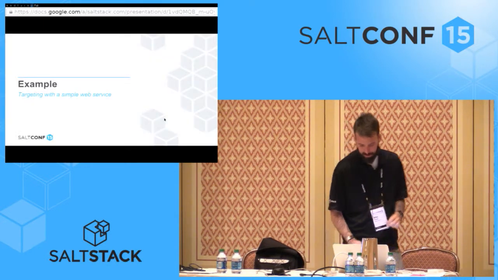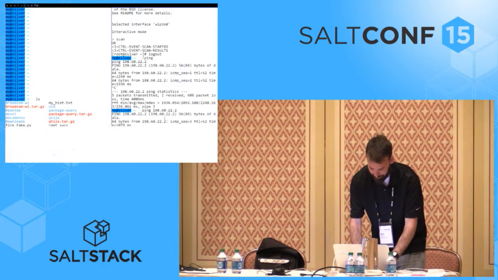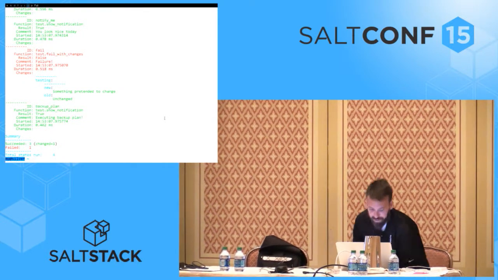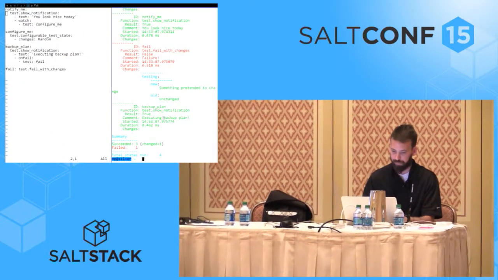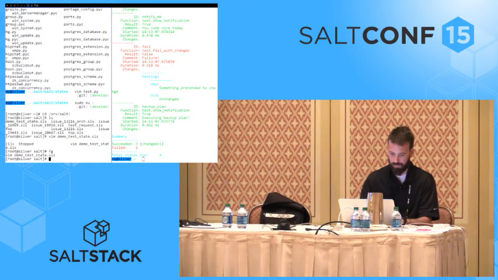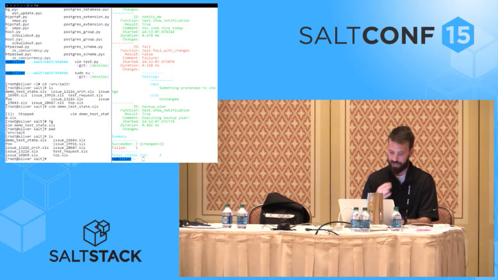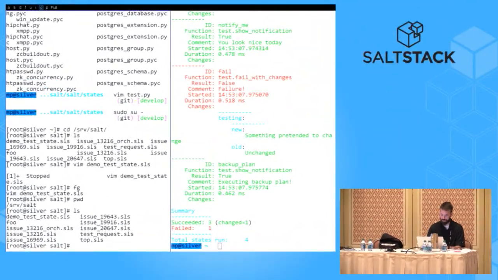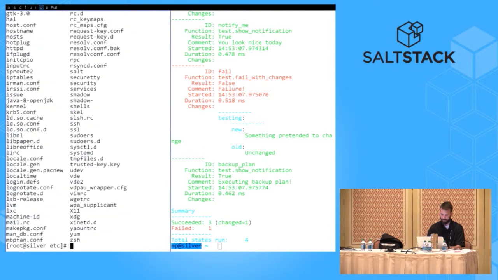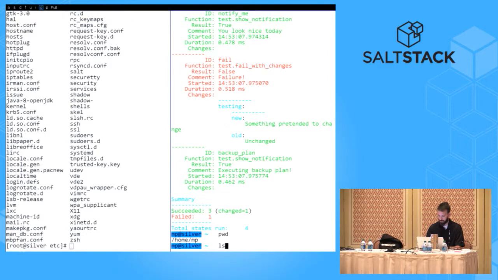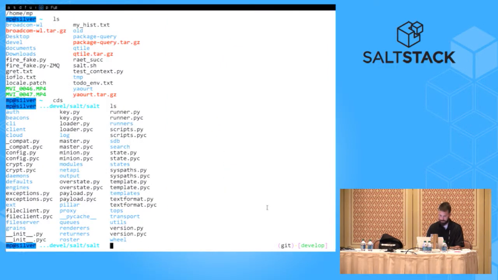But I can show you a really basic example. I think I still have it up here. Basically, I built myself a little fake Cobbler. We need hopefully that pull from develop finished.